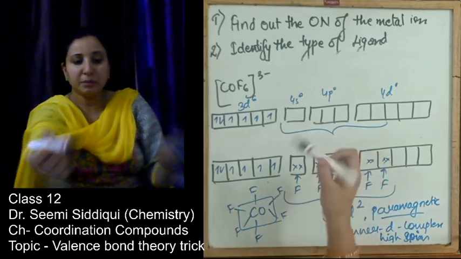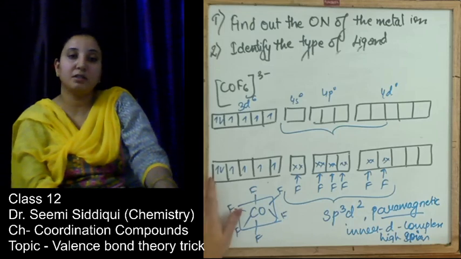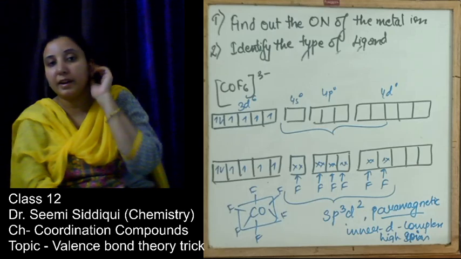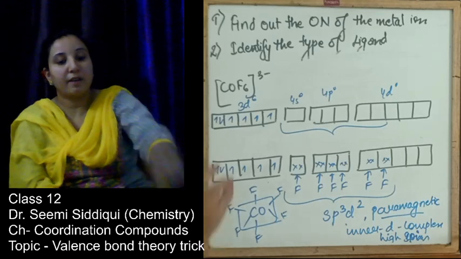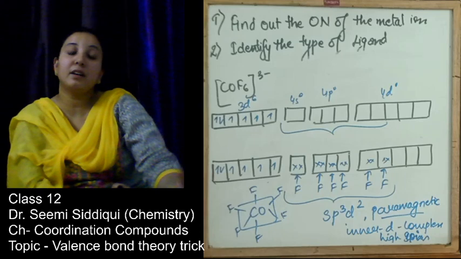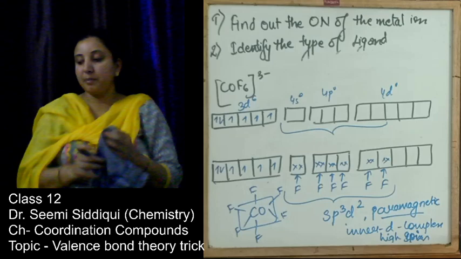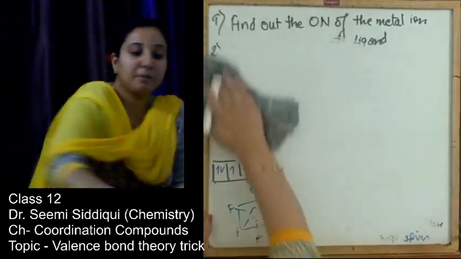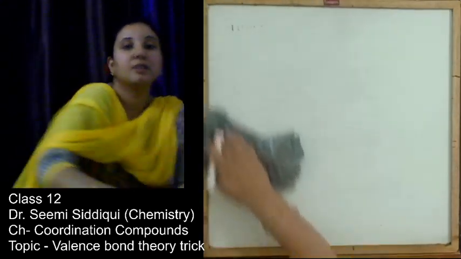Whenever you get a question for the valence bond theory on coordination compounds, finding the oxidation number and writing its orbital picture will remain the same in all cases. The only difference is whether pairing takes place or not, and that depends on whether the given ligand is a strong ligand or a weak ligand.